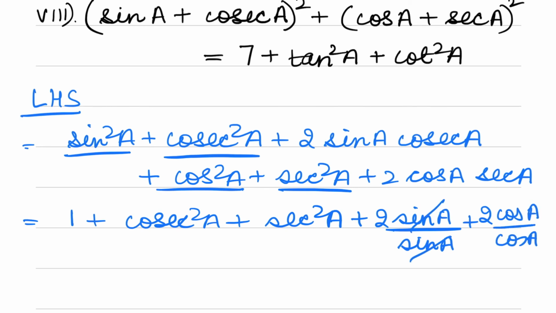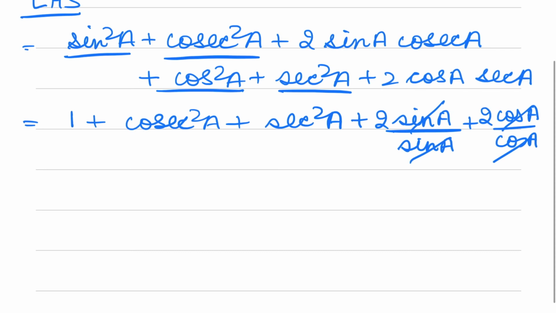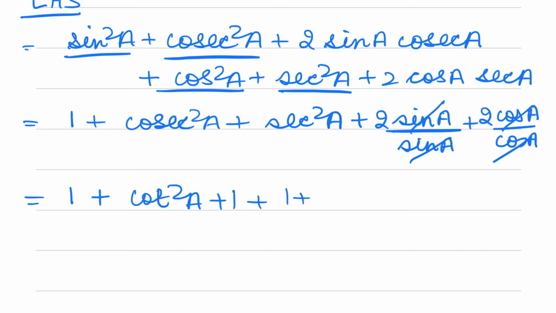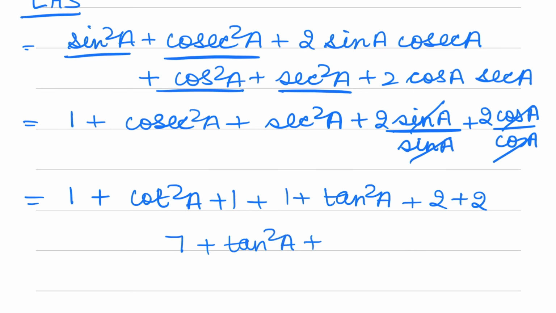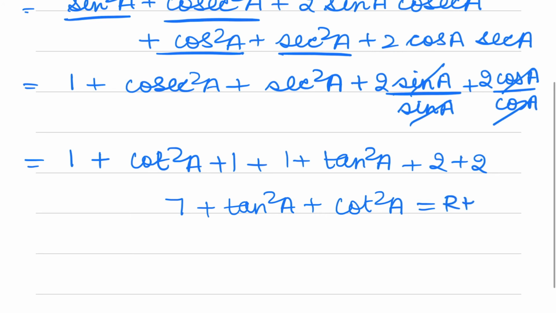So this and this gets cancelled, this and this gets cancelled. Here we have 1, and cosec square a I can write down as cot square a plus 1, and sec square I can write down as 1 plus tan square a plus 2 plus 2. So now we have 7 plus tan square a plus cot square a. This is equal to right hand side, hence proved.